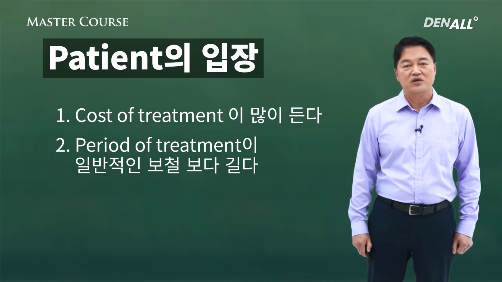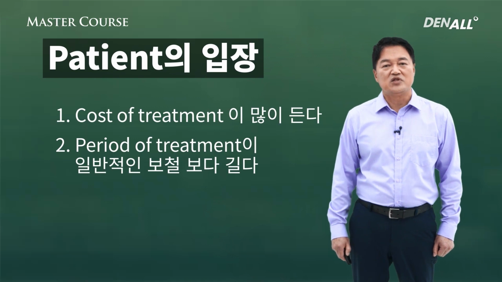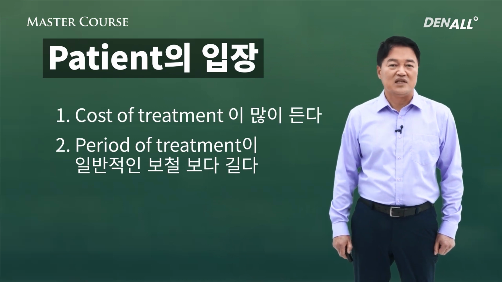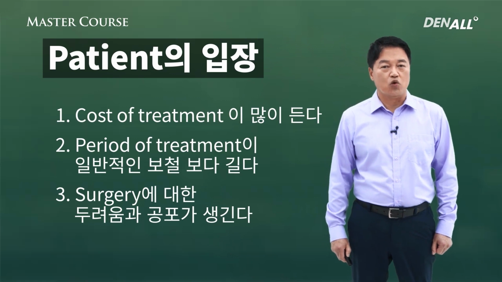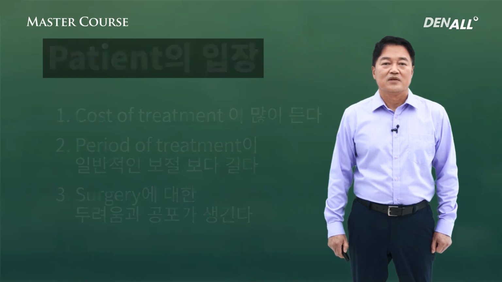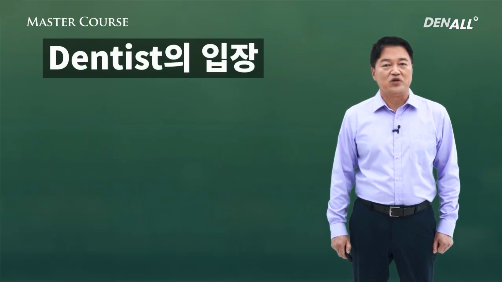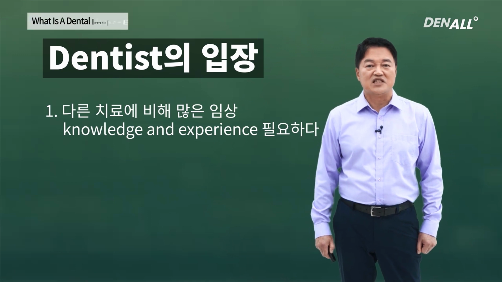Compared with other prosthodontic treatment, implant treatment can take slightly longer, at minimum 2 months to 3 months. So it's slightly longer than prosthodontic treatment. Additionally, there's fear of surgery. From a dentist perspective, compared with other treatment, it requires a lot of clinical knowledge and experiences.